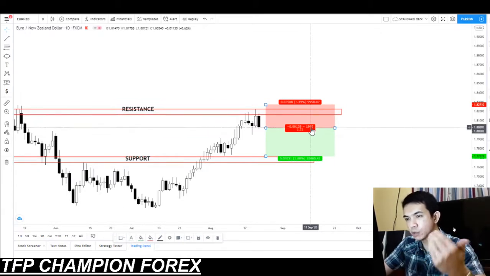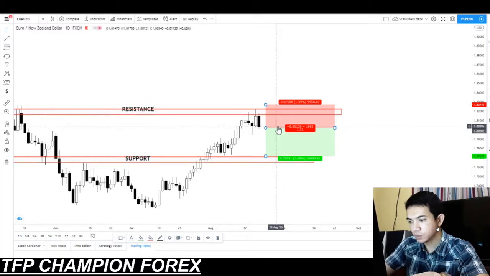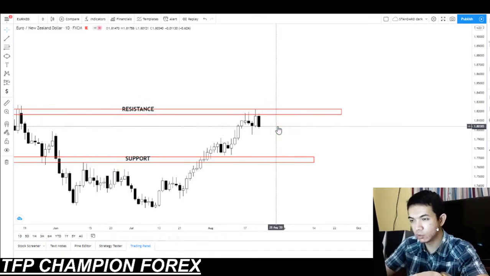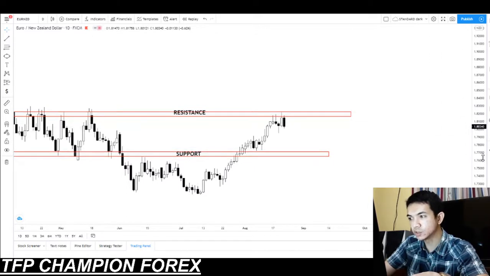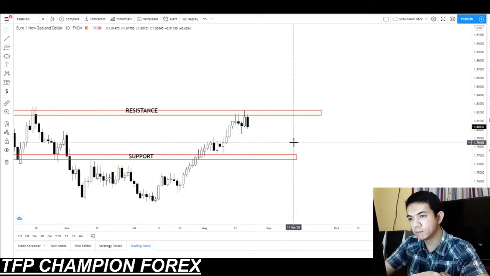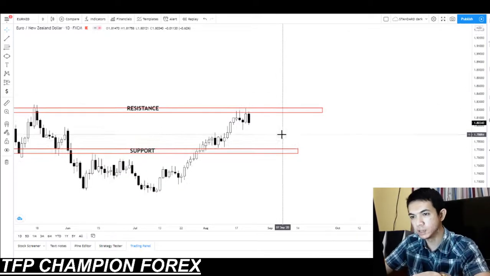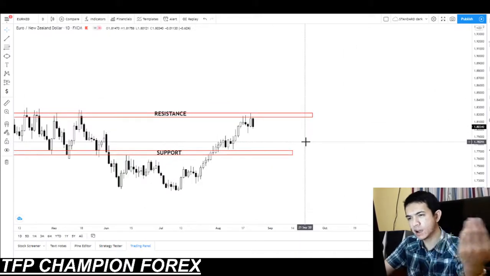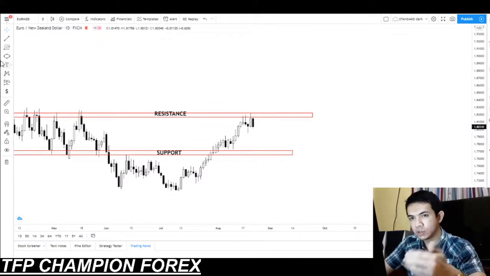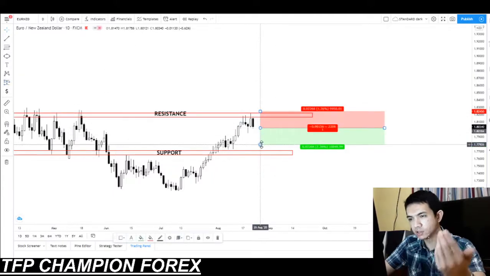I want to further improve my risk to reward ratio through tightening my stop loss level. All right. So that's the reason I'm going now to a lower time frame for a much better entry and much tighter stop loss. So that improves my what? Risk to reward ratio in the trading. So what is this risk to reward ratio? If ever I'm going to risk $100, definitely through this setup, I can only gain almost $100 as well.